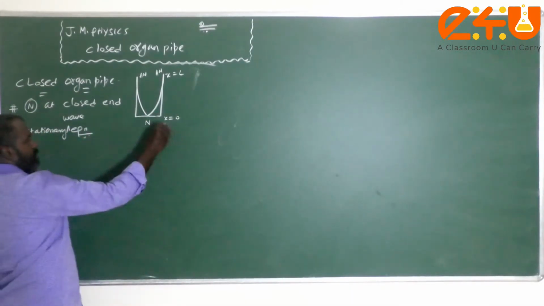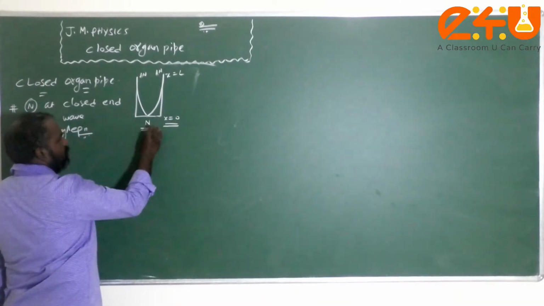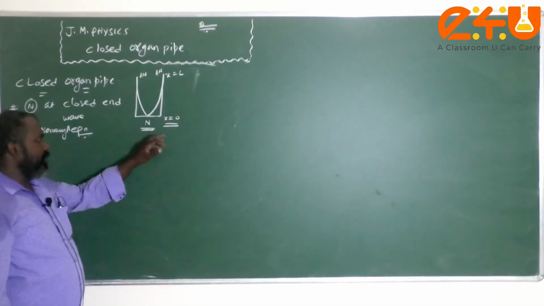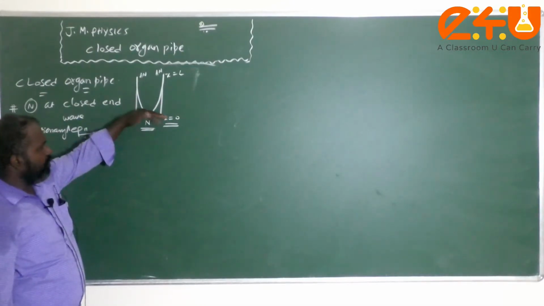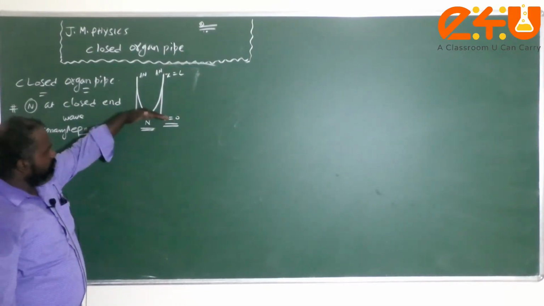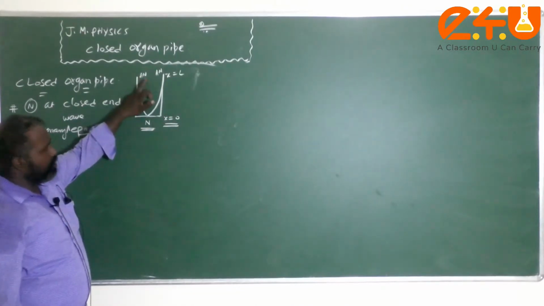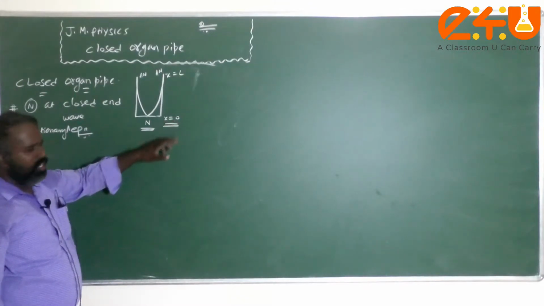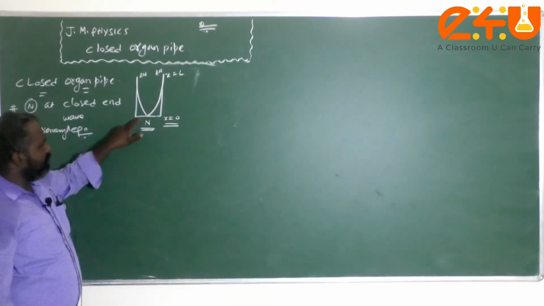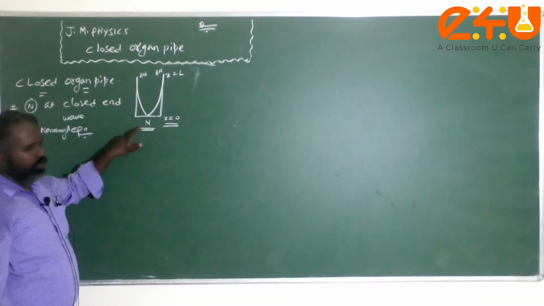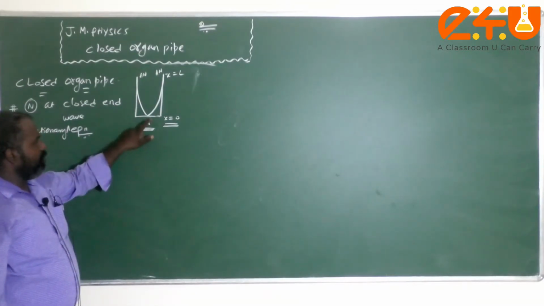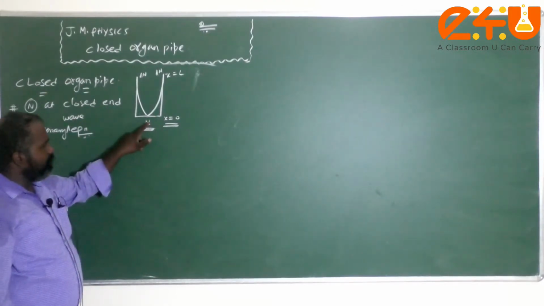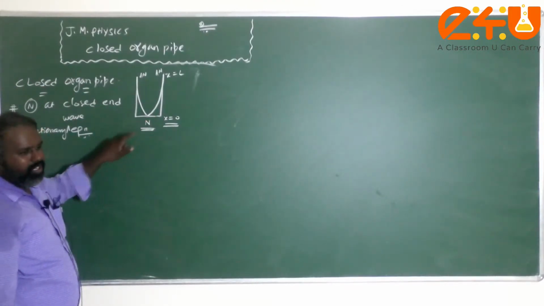At the x equal to 0 position, which is the starting point for the measurement, check whether a node is formed or an antinode is formed. Whenever a node is formed, you take the amplitude to be sin kx. If an antinode forms, the amplitude is taken to be cos kx.